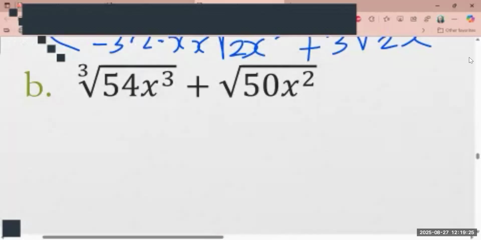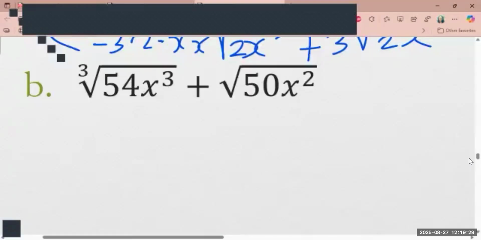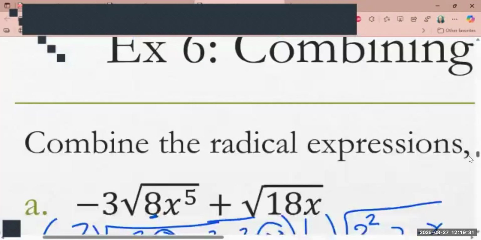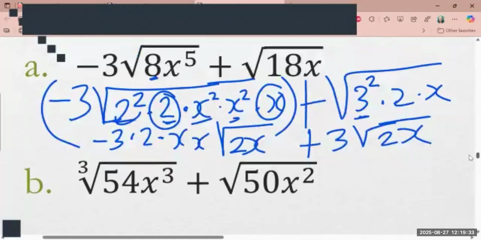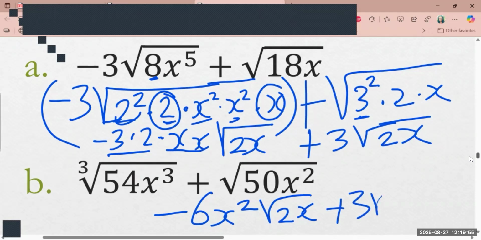So I will come down here and make sure I multiply this out. Negative 3 times 2 is negative 6. So right here I have negative 6x squared root 2x plus 3 root 2x.